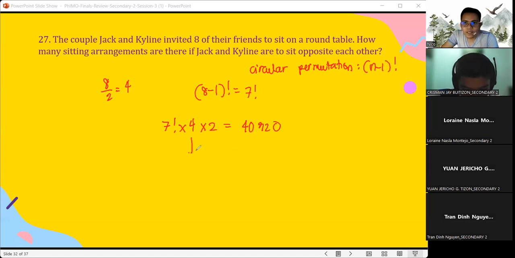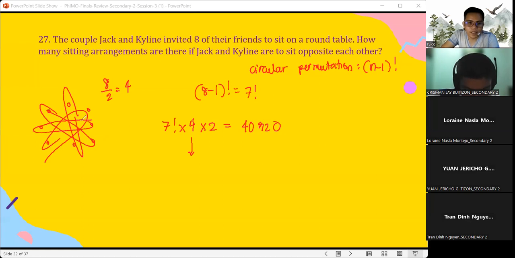So this is the number of ways to insert Jack and Kylene opposite one another. For example, 1, 2, 3, 4, 5, 6, 7, 8. It's 1, 2, 3, 4. That's why we have that one here. Then there are two of them, so Jack and Kylene could interchange, so times 2.